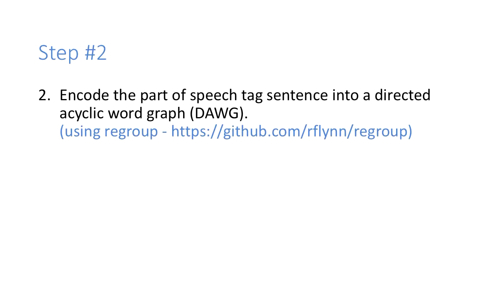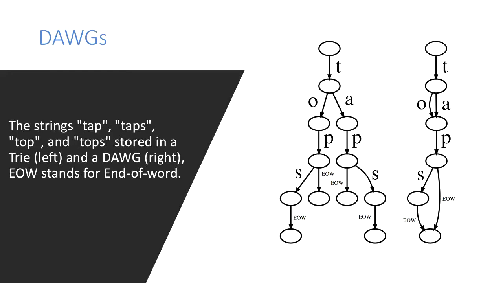The second thing I did was take these parts of speech sentences and encode them into something called a directed acyclic word graph. Don't worry, this is not crucial to what's going on, but it is what I did first. A directed acyclic word graph is simply what you see here on the right-hand side.